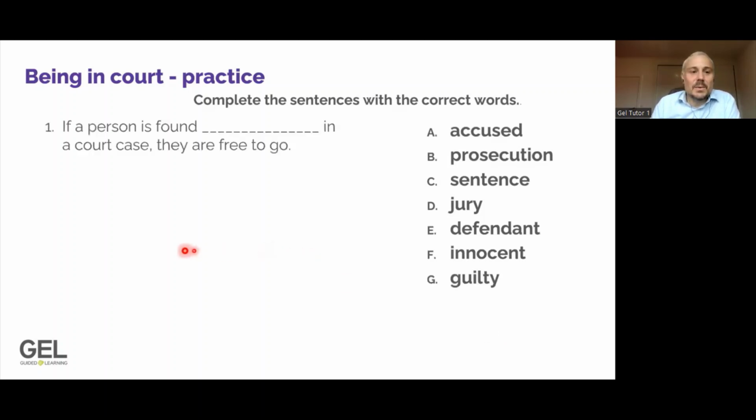Look at sentence number 1. If a person is found in a court case, they are free to go. Look at the next question below the video and choose the correct letter to finish sentence number 1.